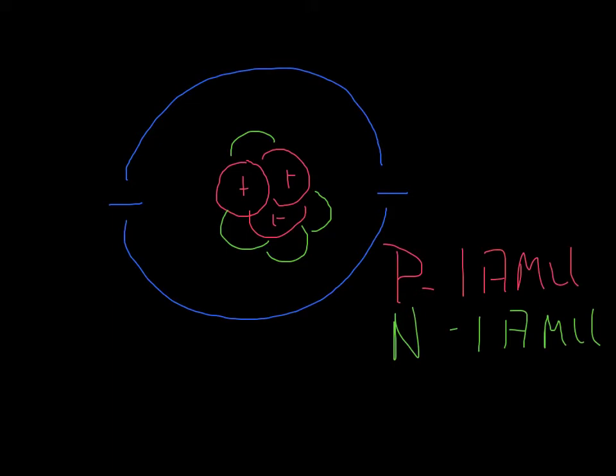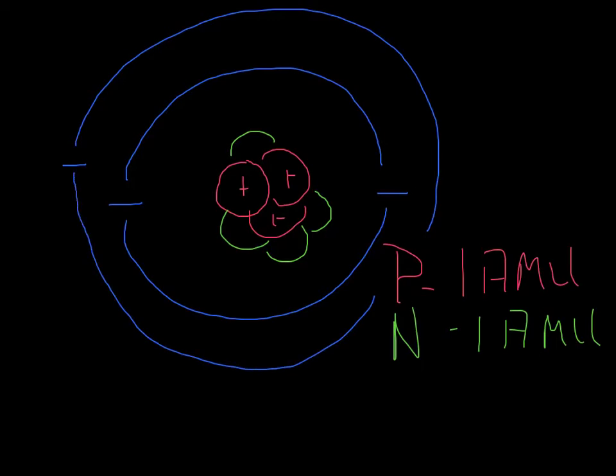Remember that the outside energy level holds the valence electrons, which we'll talk a little bit more about later. But 2 electrons will fit in the first energy level. Up to 8 electrons will fit in the second energy level. And those are valence electrons. And in the third energy level, up to 18 electrons will fit, but only 8 of those are valence electrons.